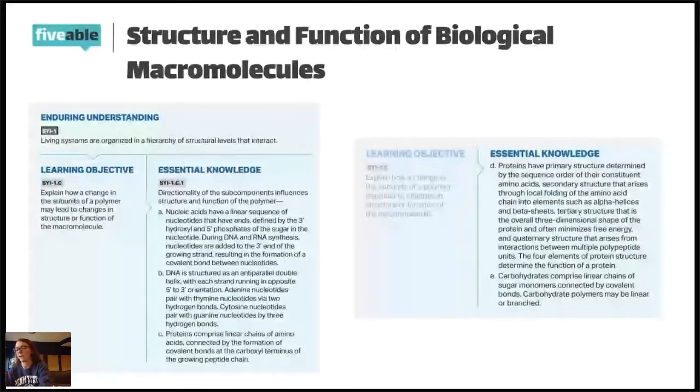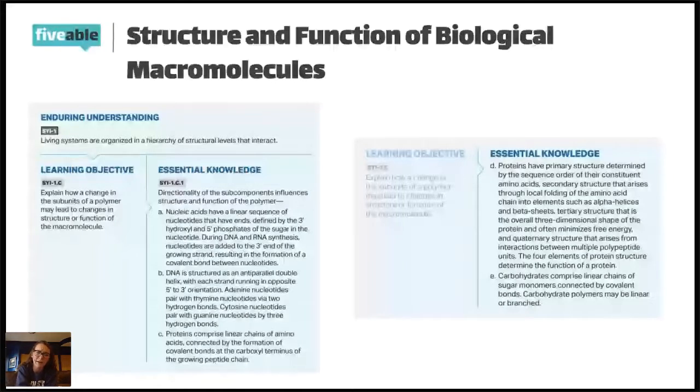I'm just going to look back at our course framework, because there's also a section of course content, not science practices, on gene expression and regulation, where that might fit nicely as well. But you can see here, these essential knowledges comprise how the structure of that individual macromolecule influences its function, just the next level of what we talked about last.